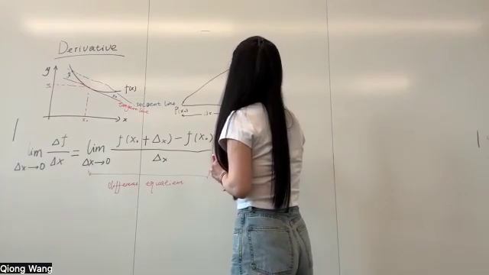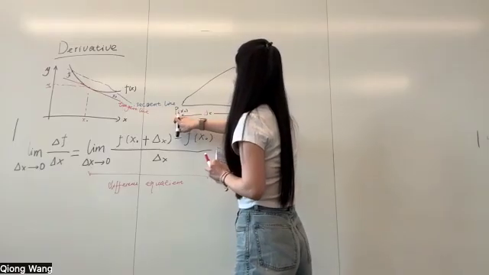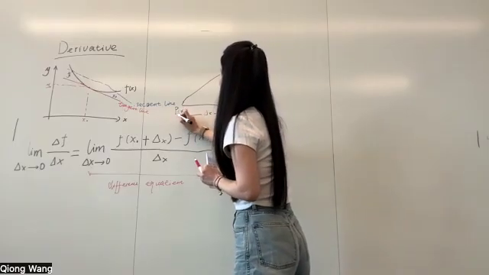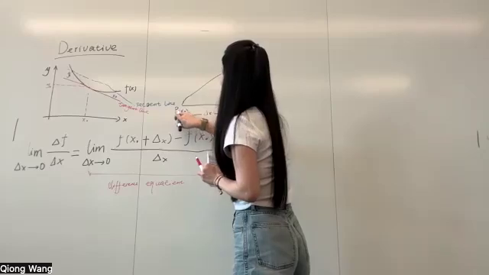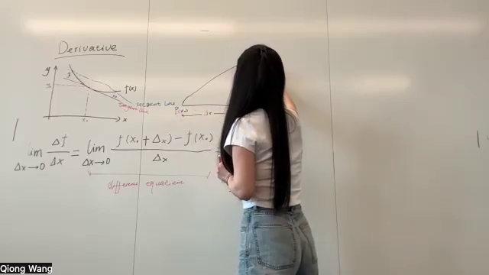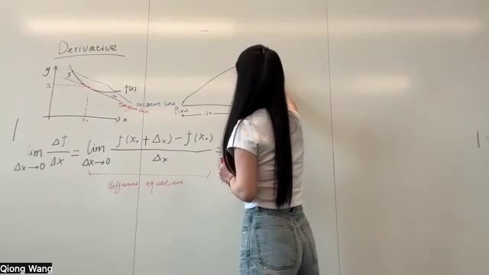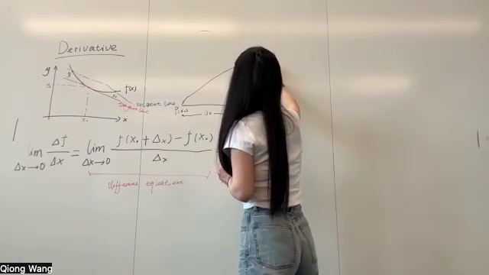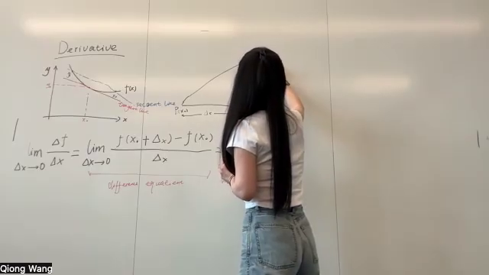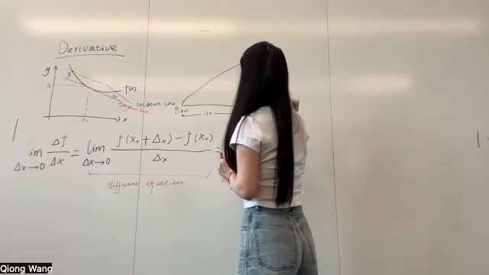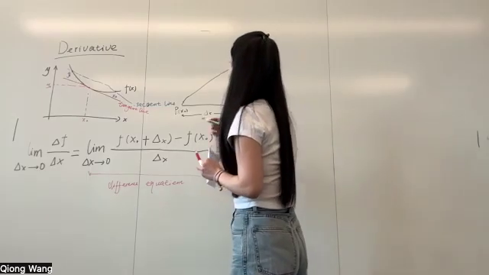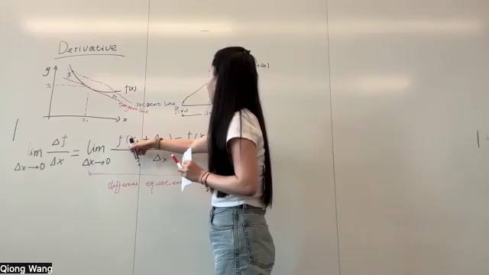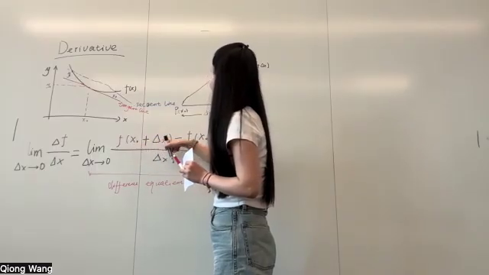So if P is x0, then Q will be x0 plus delta x. This is why the first term is f of x0 plus delta x.